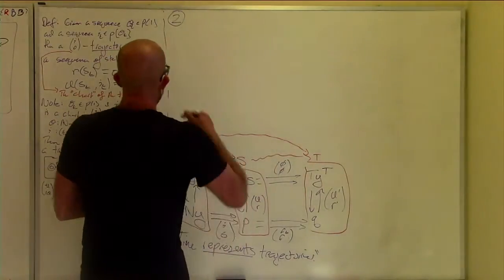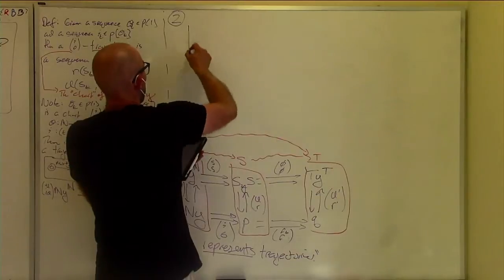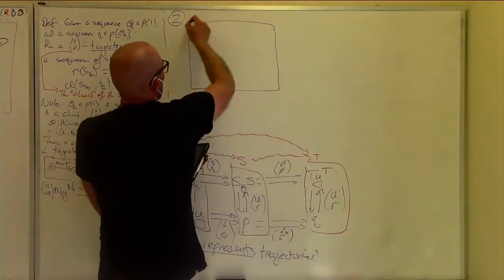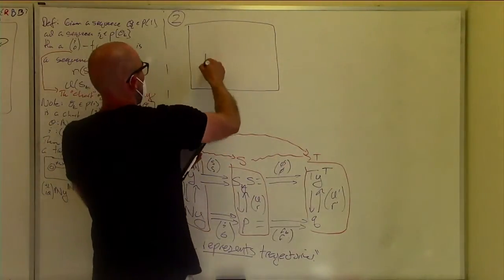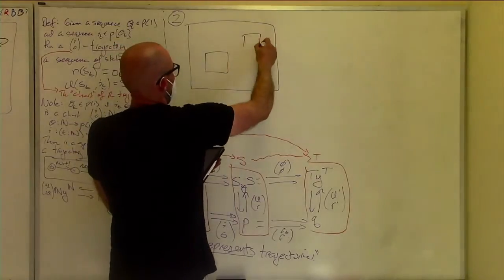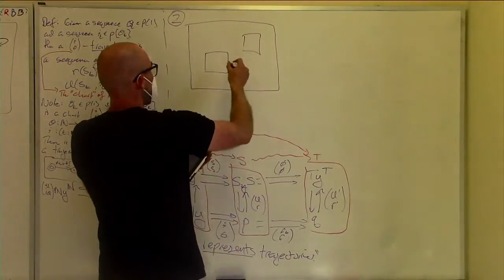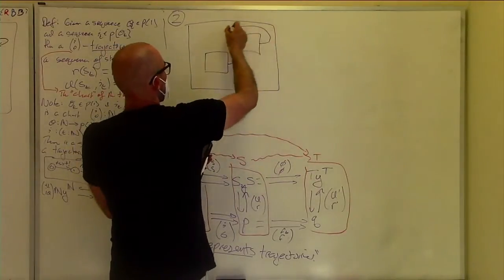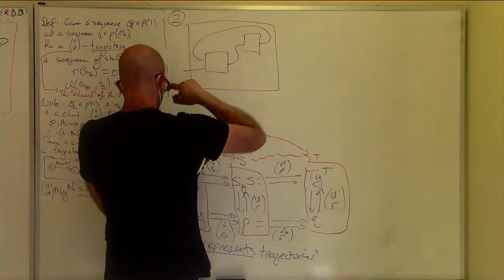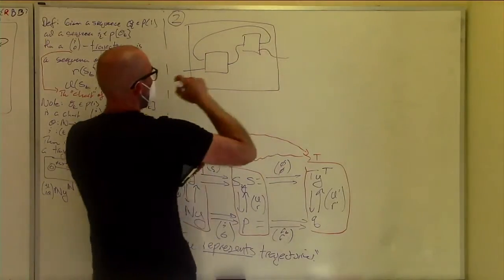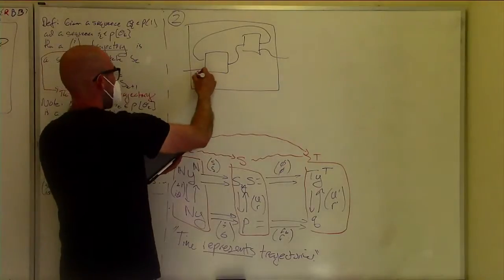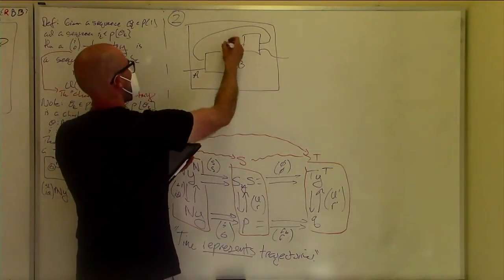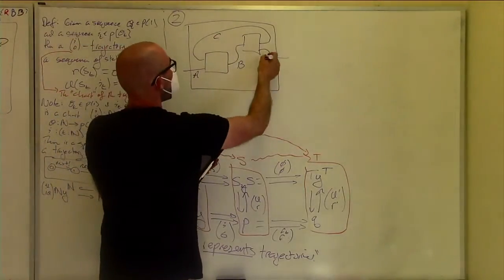Okay, so remember that a wiring diagram can be understood as a polymap or a lens. So here's my wiring diagram. And then I'm going to label these with sets.